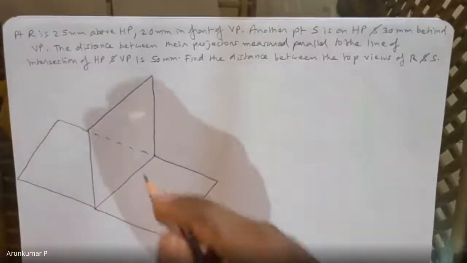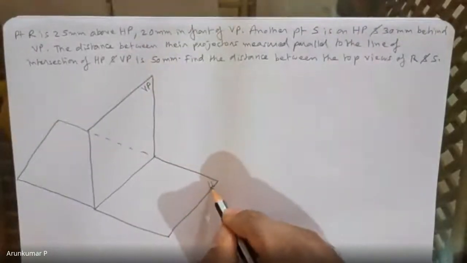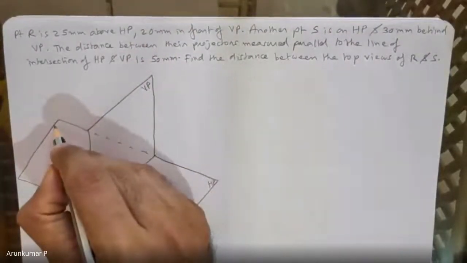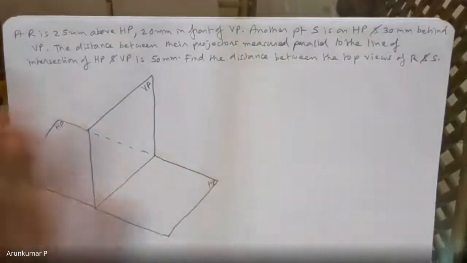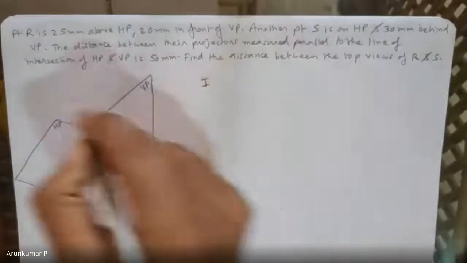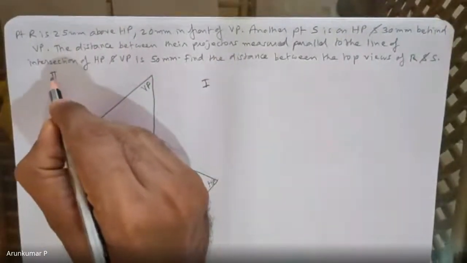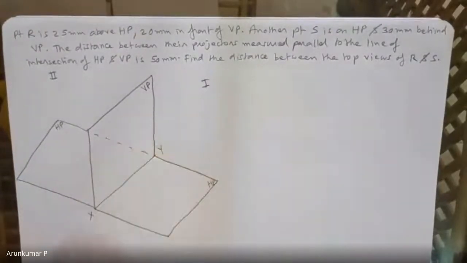So this is the arrangement of planes in the first and the second quadrant, VP, HP, and the whole thing is HP. This is VP. So we are in the first quadrant here, and the second quadrant here. And this is the XY line, the line of intersection of VP and HP. This is the arrangement of planes.